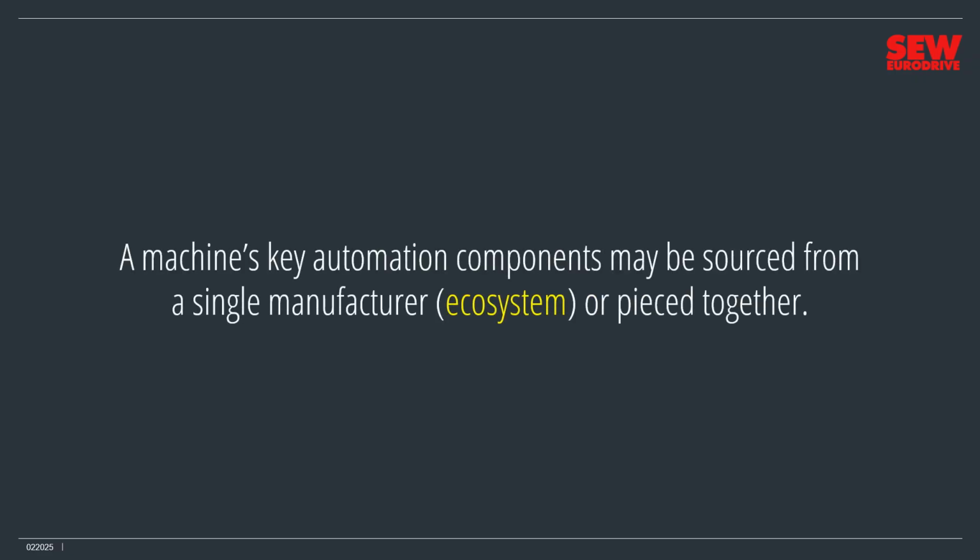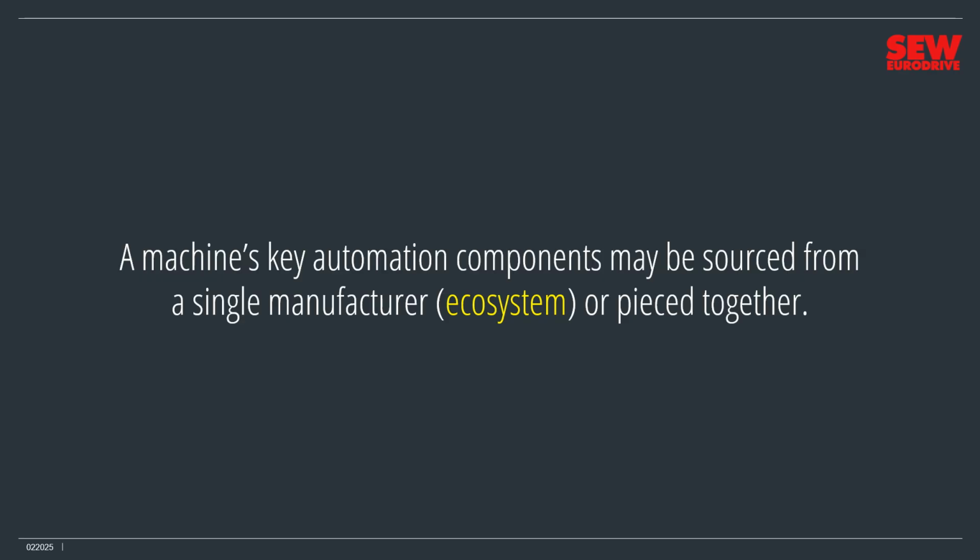Original equipment manufacturers have many choices available when selecting the machine's electronics. A machine's key automation components may be sourced from a single manufacturer or pieced together. Going with an ecosystem has some definite advantages since everything is guaranteed to be compatible.